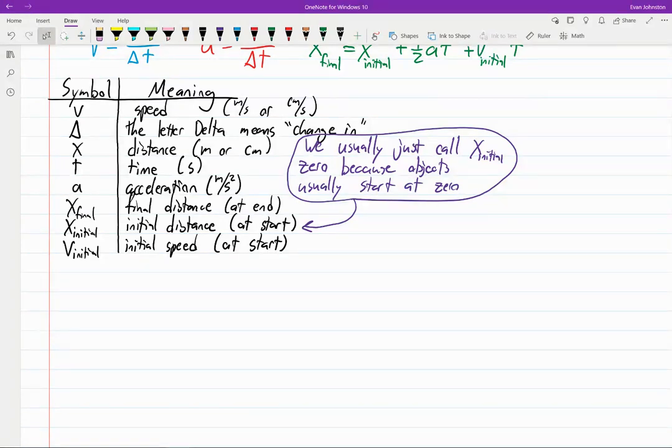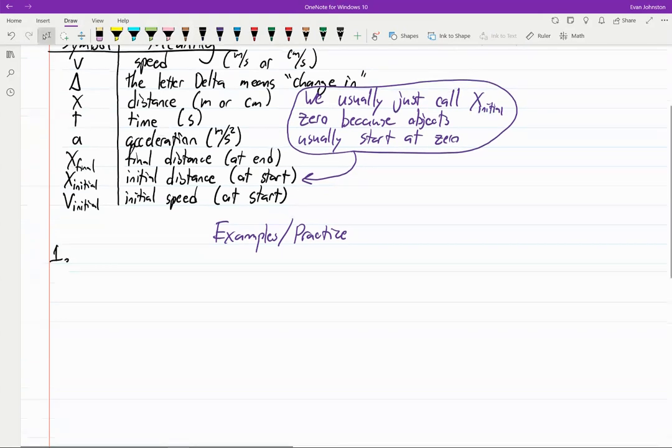But now let's actually do some examples. So I'm going to skip one line. Examples / practice. And so number 1, we're going to write down the question because later your partner teaches, probably someone on another day.